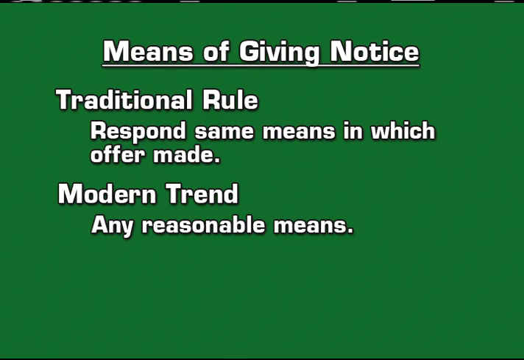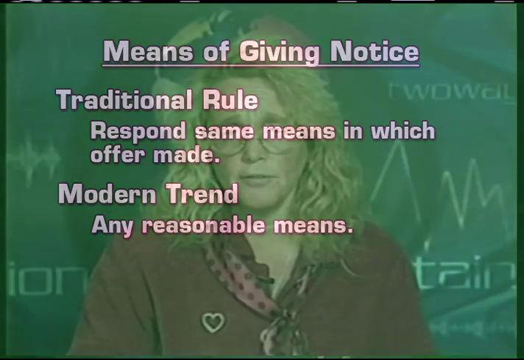So if I today send you an offer in the mail and you call me up on the phone, absent my stating otherwise in the offer, that would probably be, under a modern view, a reasonable means of accepting and therefore a valid acceptance. So remember, traditional rule, means of giving notice, the same way the offer is extended. The more modern trend is any reasonable means is okay.